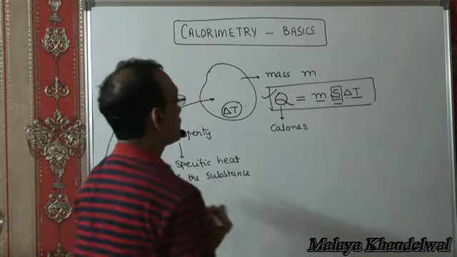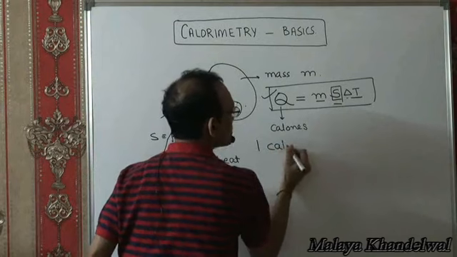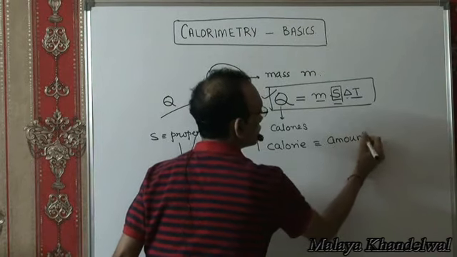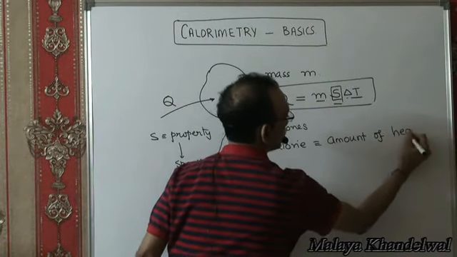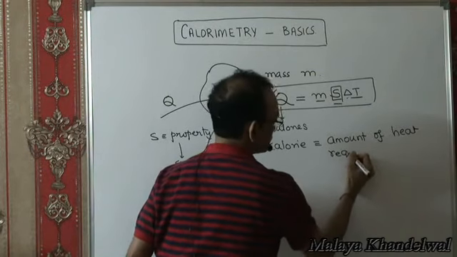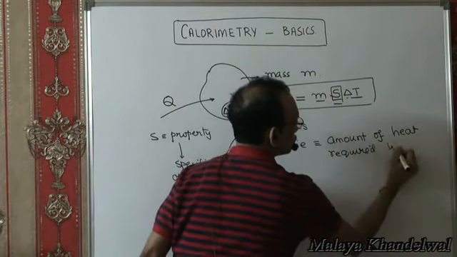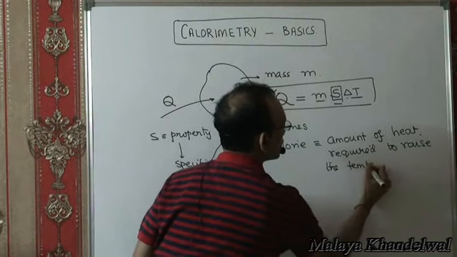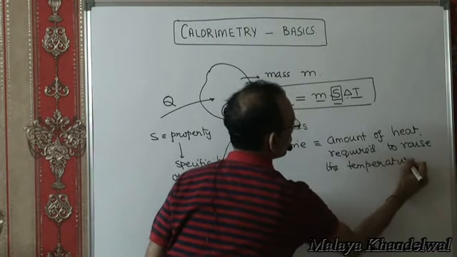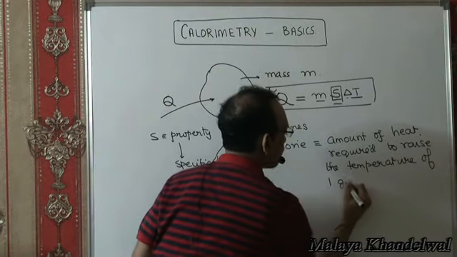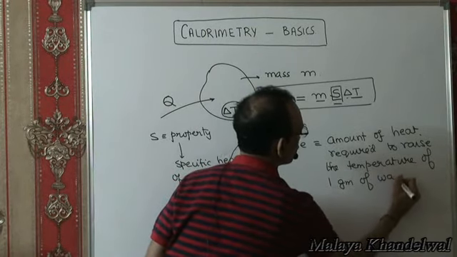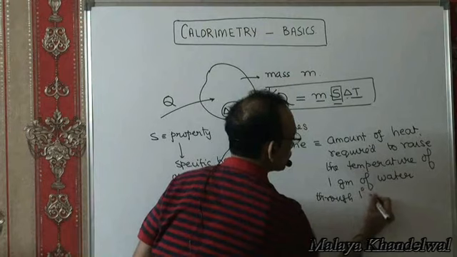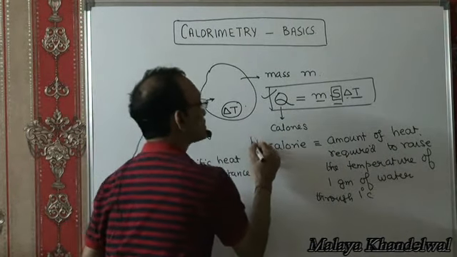A calorie, 1 calorie, is actually the amount of heat required to raise the temperature of 1 gram of water through 1 degree centigrade. That is really a calorie.